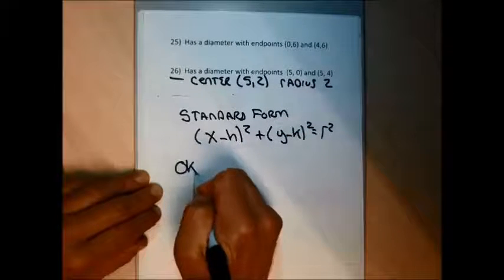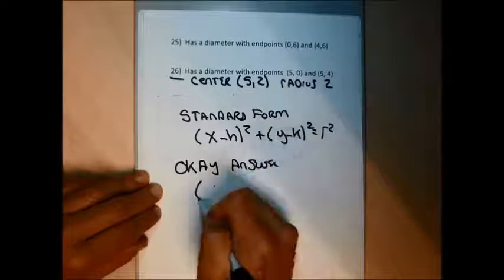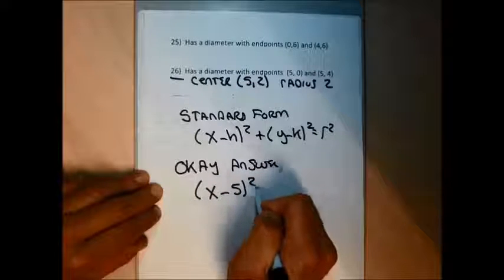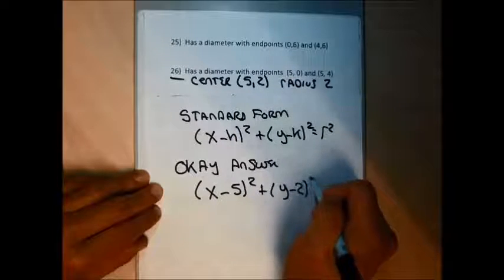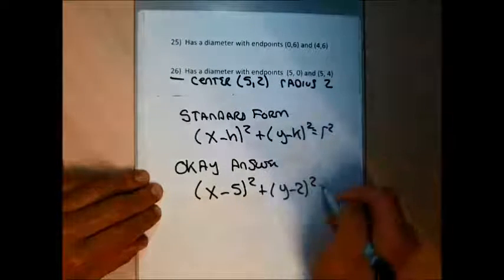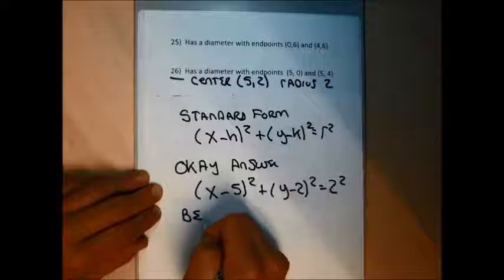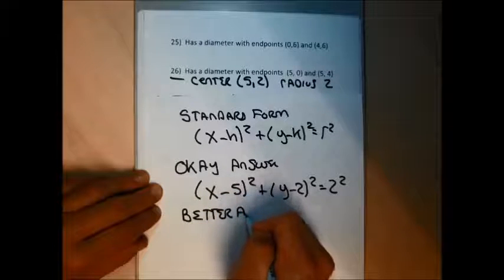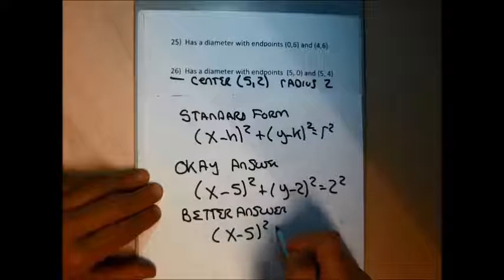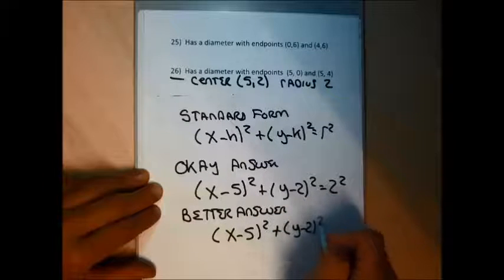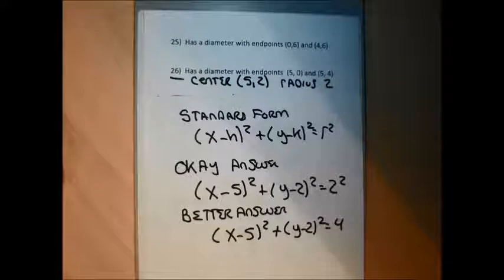An OK answer to problem 26 would be (x − 5)², plugging in 5 for the h, plus (y − 2)², plugging in 2 for the k, equals 2², plugging in 2 for the r. A better answer would be (x − 5)² + (y − 2)² = 4, just because it doesn't have the number with the exponent. And that kind of just feels better.